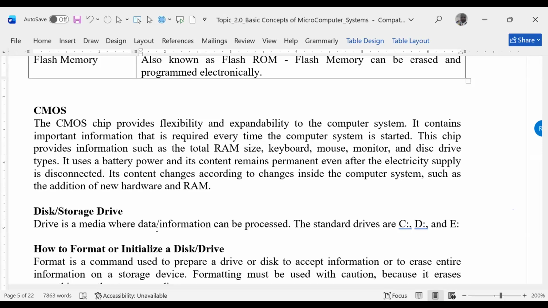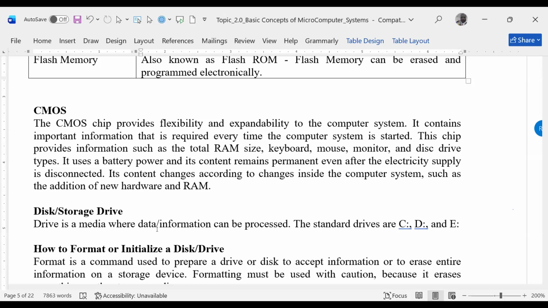In the late 90s, computers were not compatible with mobile phones. Why? Because the CMOS was not designed or manufactured to make those systems compatible. But today, the advancement of the CMOS enables you to connect your computer with other devices.